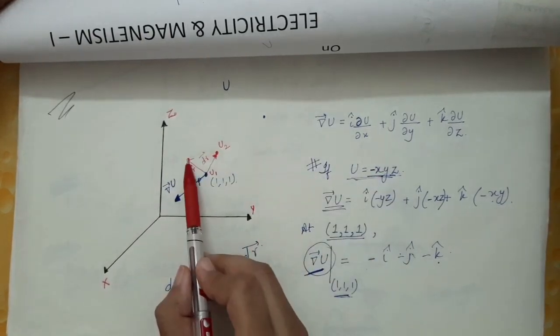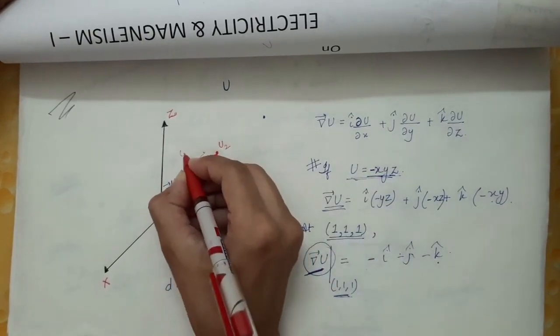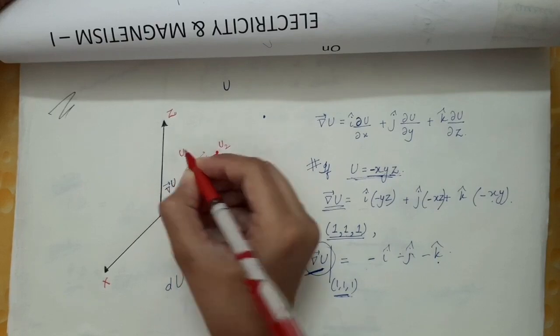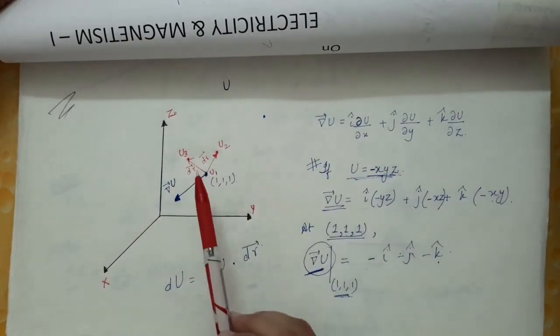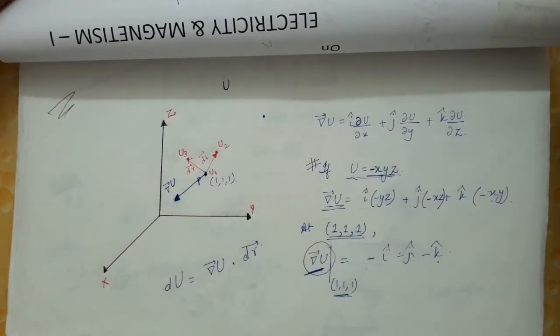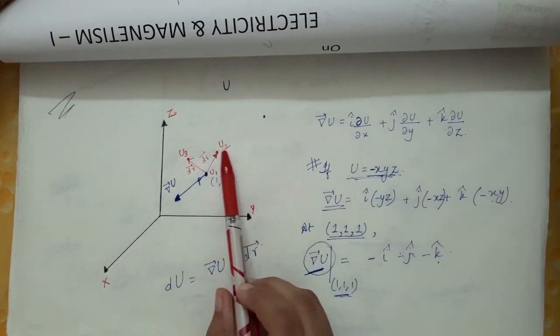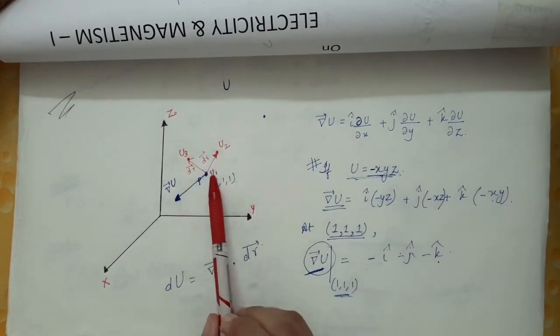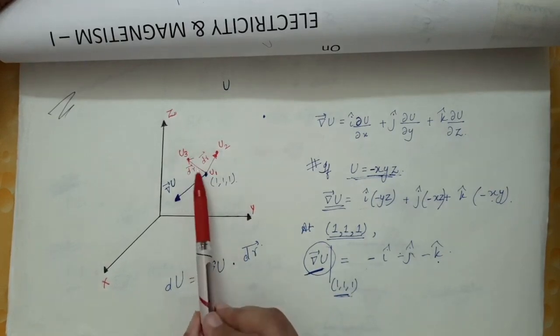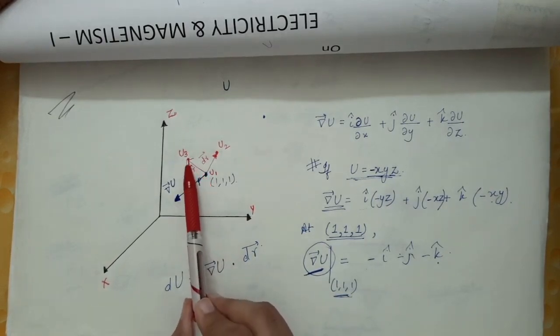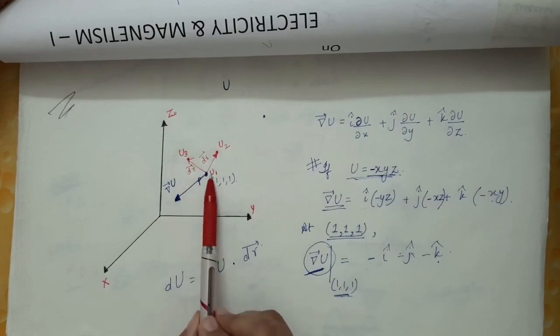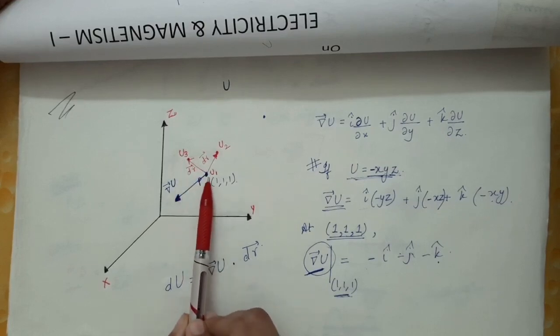Let's say at this final point the scalar function is given by u3, because a scalar field is nothing but a function that has unique values at all the points in space. So at this point it has u2 value, at this point it has u3, and at the point which we are considering it has u1 value. So when you move along this direction, the change in the scalar field is u3 minus u1.